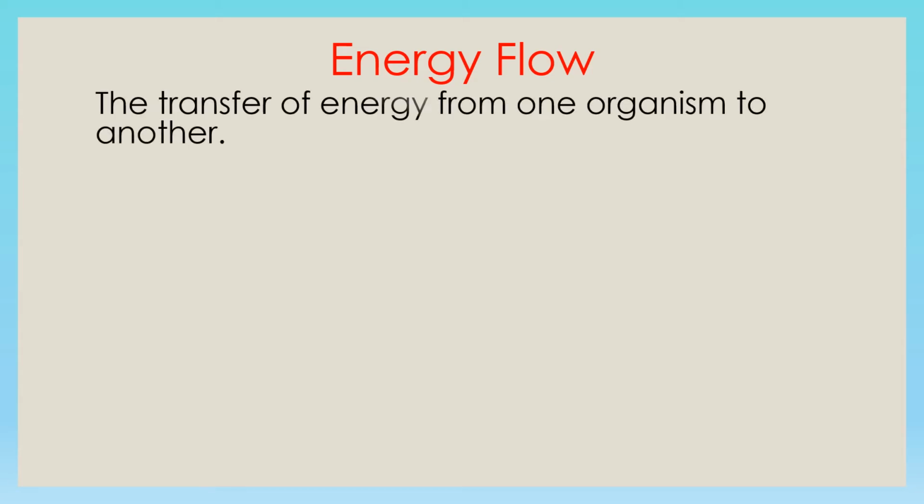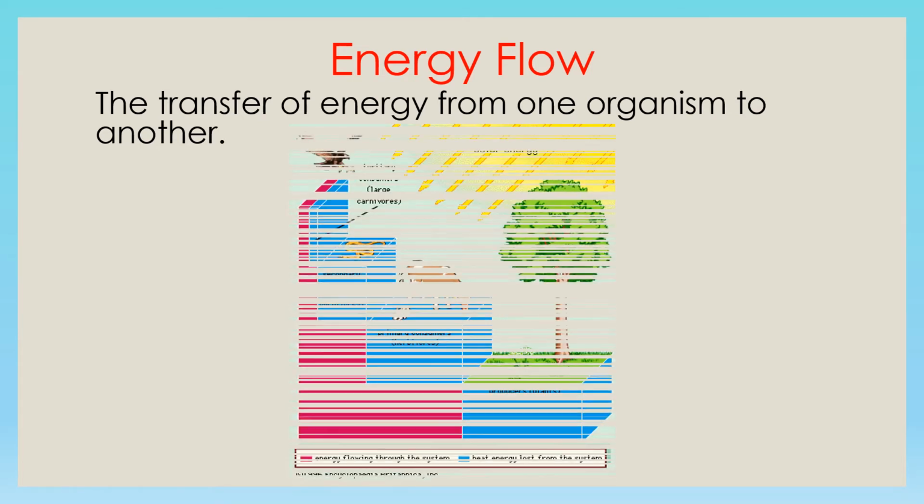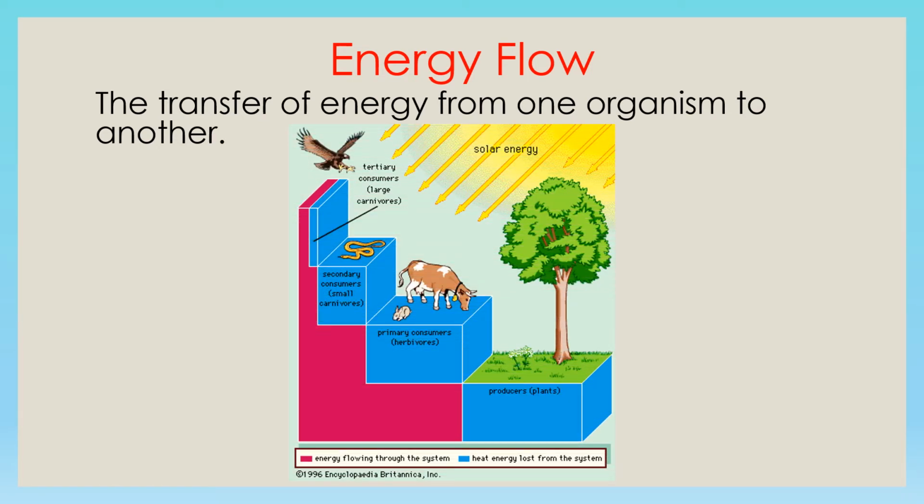Okay, let's talk about energy flow. Energy flow is the transfer of energy from one organism to another. So look at this ladder. It is actually following a certain step. From producers, we have the primary consumer or the herbivores getting its energy from plants.